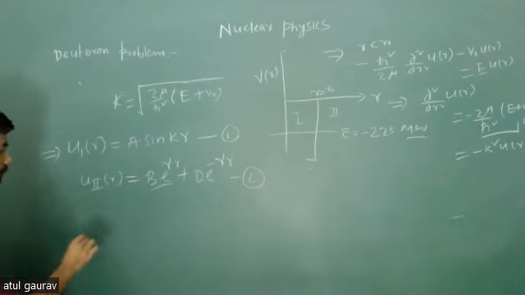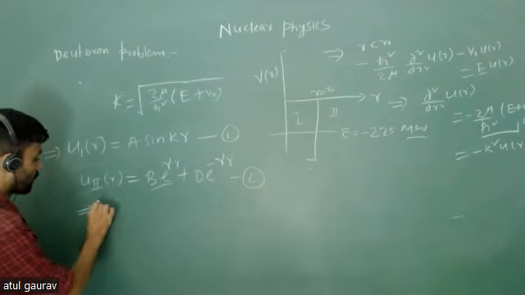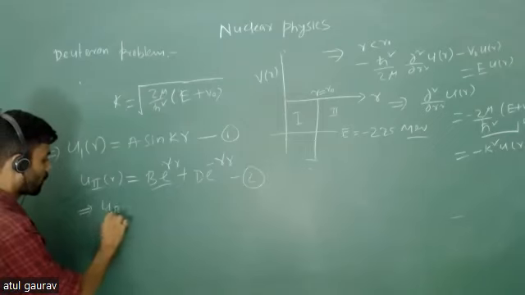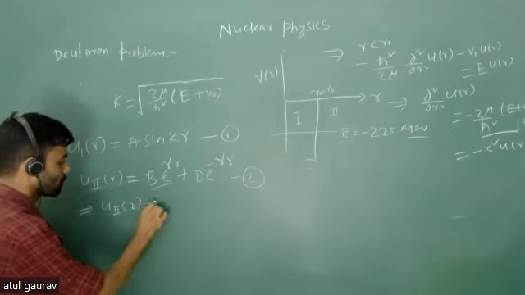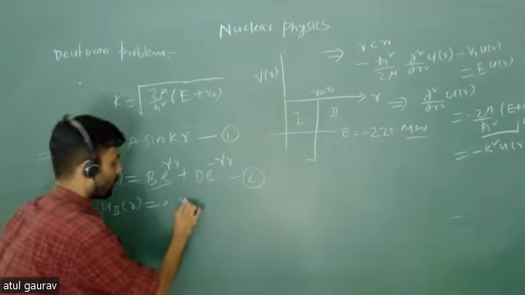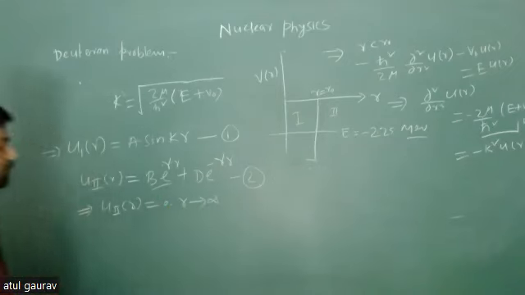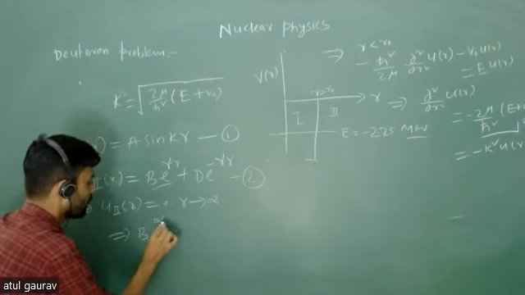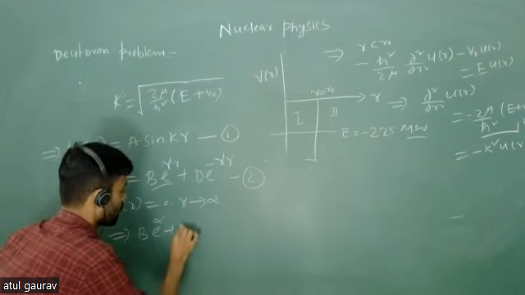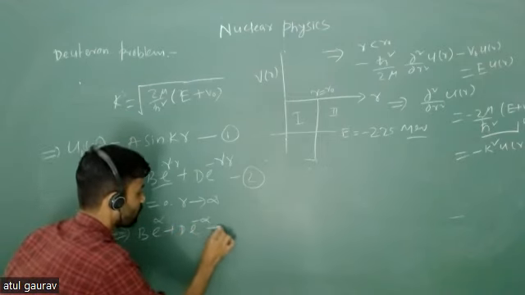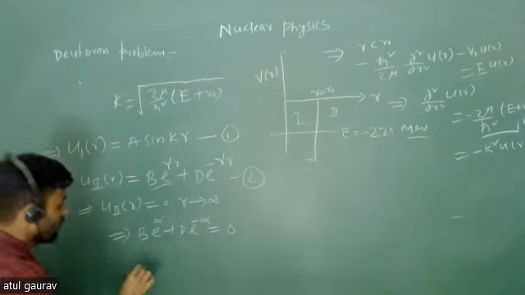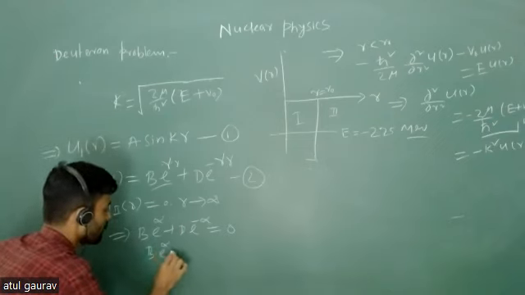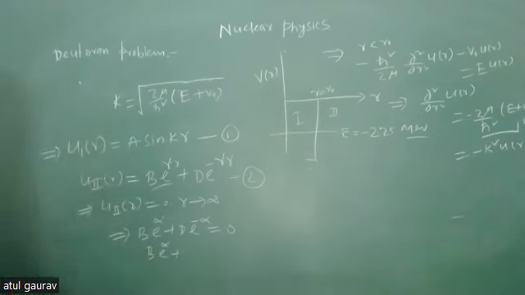So if you apply the boundary condition that u of r should be equal to 0 when r tends to infinity, and you substitute r tends to infinity here, you see b e to the power infinity plus d e to the power minus infinity should be equal to 0.